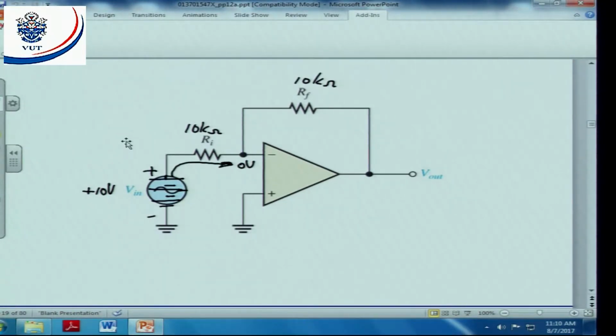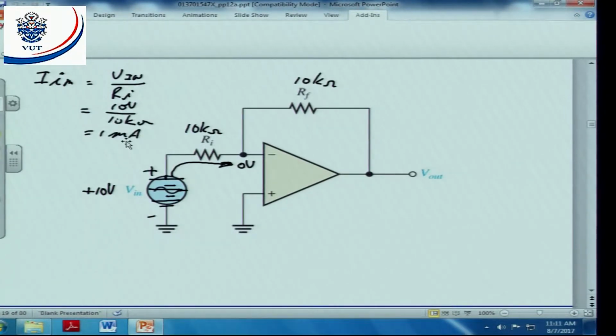I can say I in is equal to V in divided by R in. You agree? V in in this case is 10 volts, and R in is 10K, and that will give me 1 milliamp. You agree?